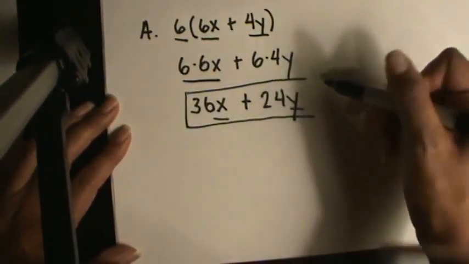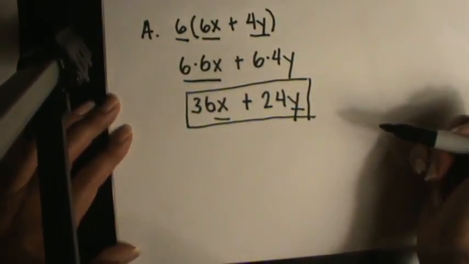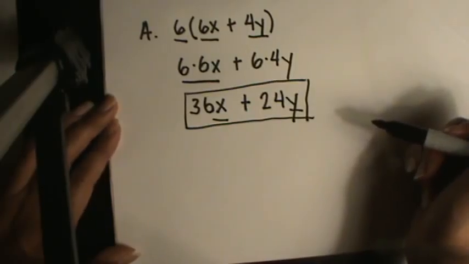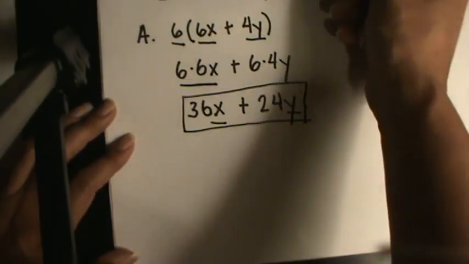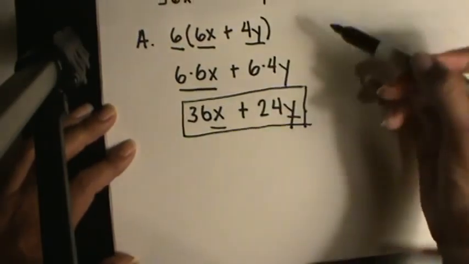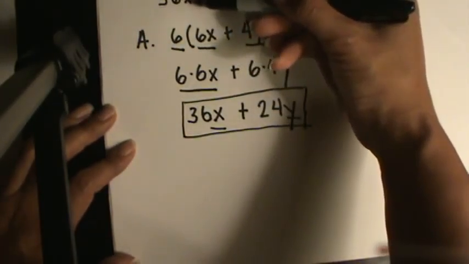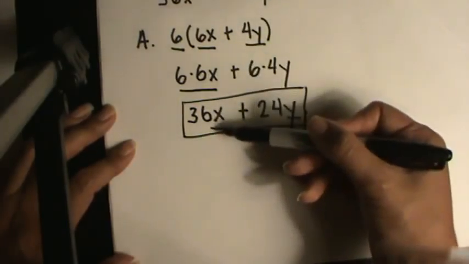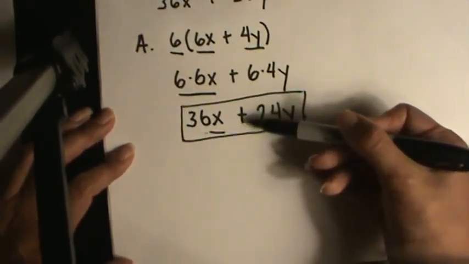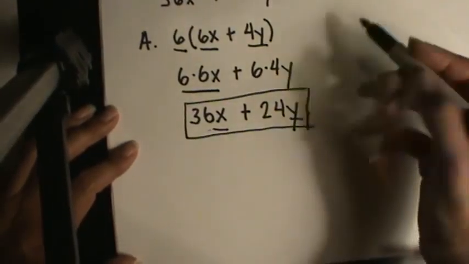But I am not done with the problem. I need to compare my resulting expression to my given expression. Does 36x plus 24y equal 36x plus 24y?